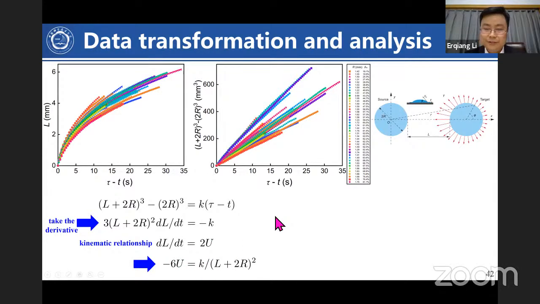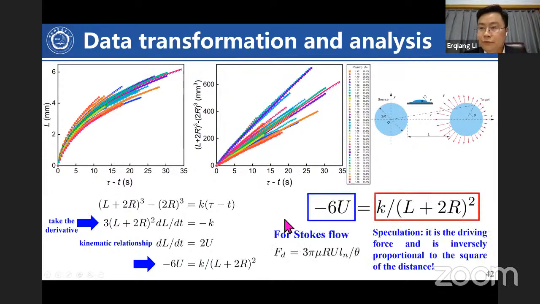This is very important because we know usually for such a very thin liquid film moving on a solid surface, it usually is a Stokes flow. That means we can use this guy to predict the resistance. It is highly possibly proportional to the velocity.